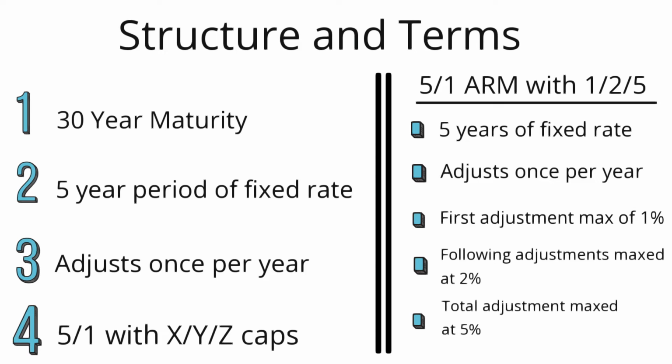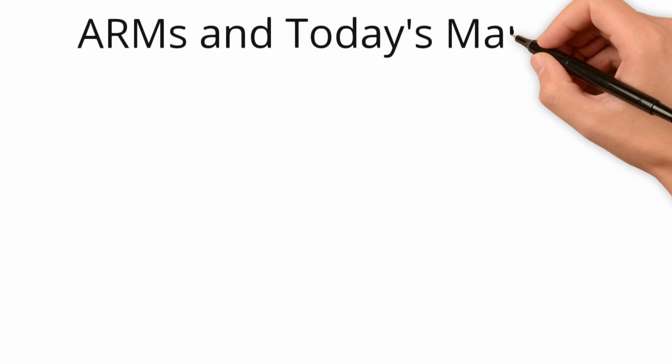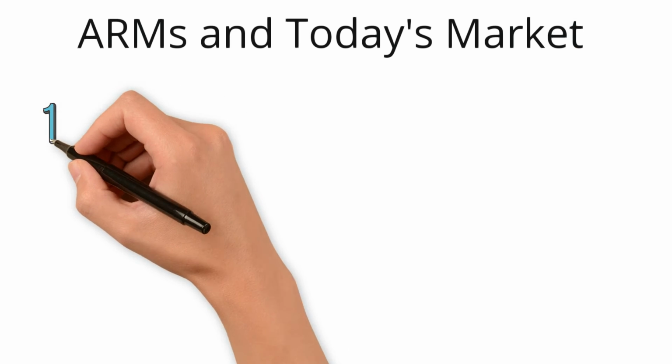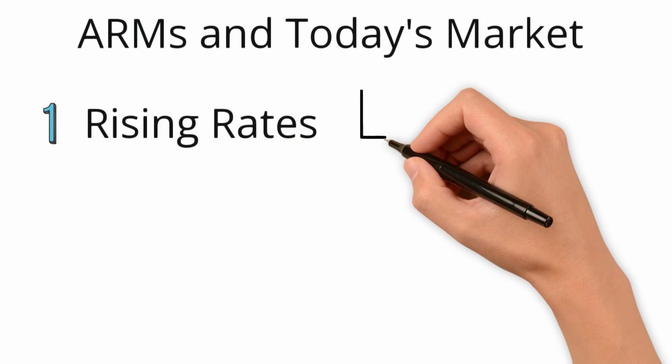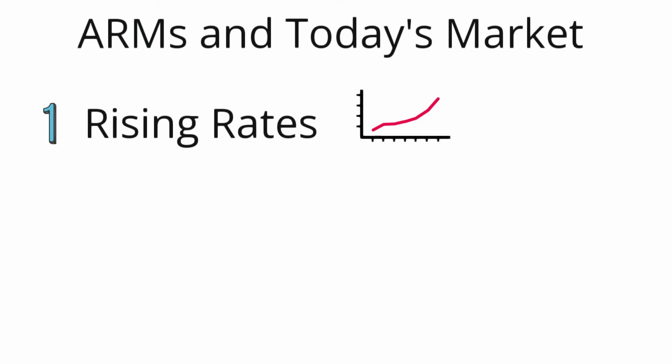Now, how do ARMs kind of come into play in today's market? Since we're in a rising rate environment, these can definitely become more popular right now, as that fixed rate term can come in kind of lower than what you'll get on a fixed rate product.